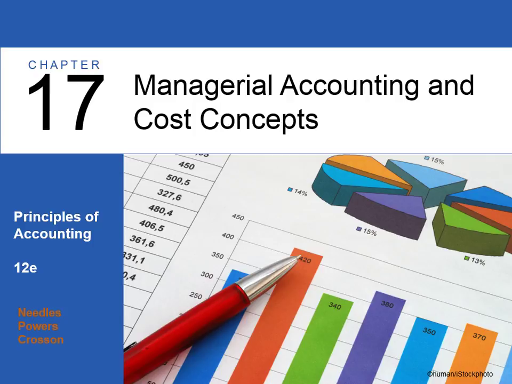Managerial accounting is a little bit beyond that, whereby it has to do with the future. It's future oriented, and it is for internal purposes only. That means it's for management use only.